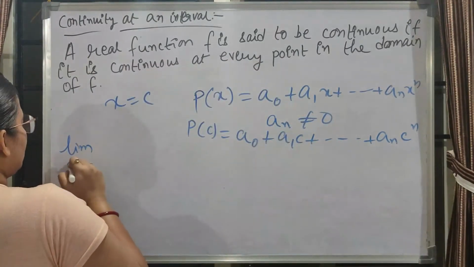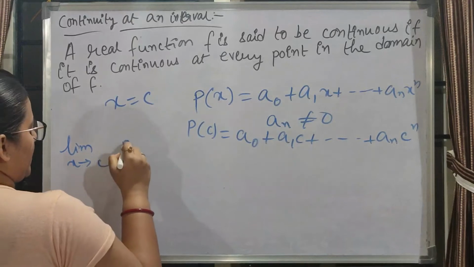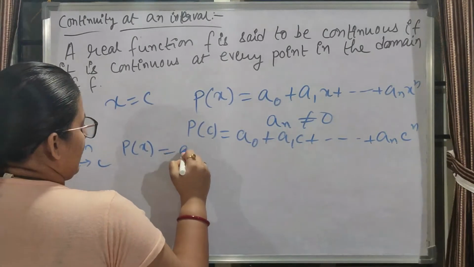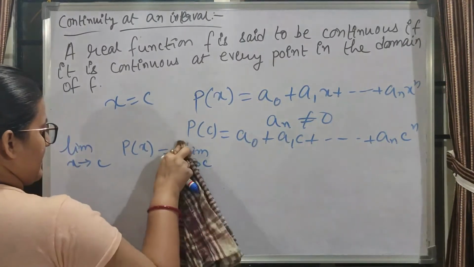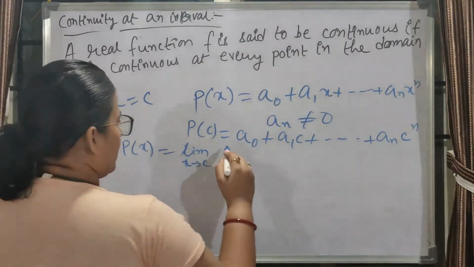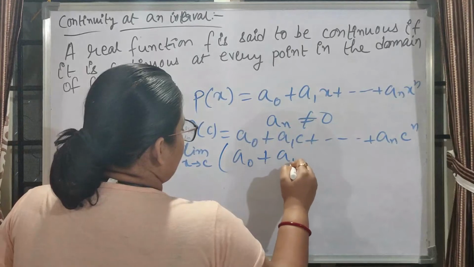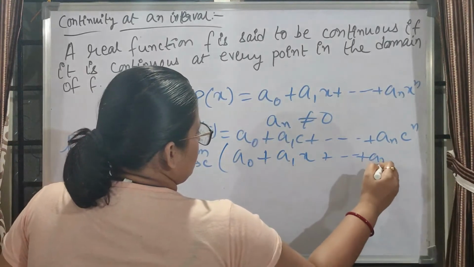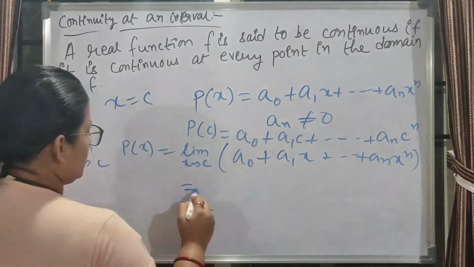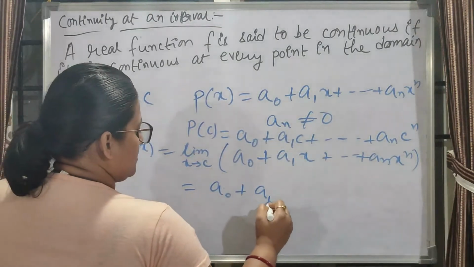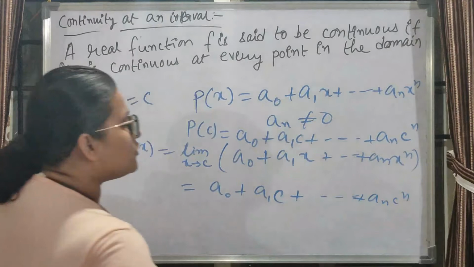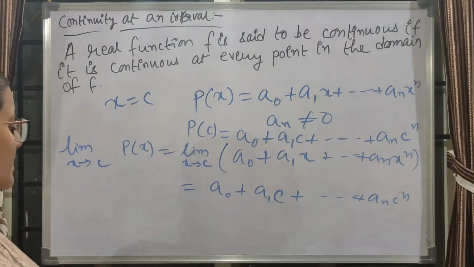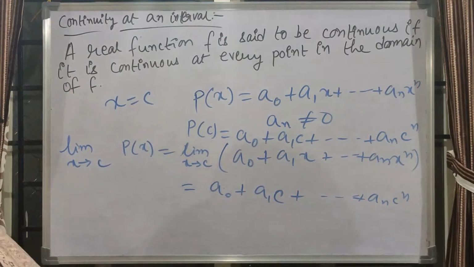Similarly, the limiting value will also be the same. From here we can say the function is continuous everywhere.